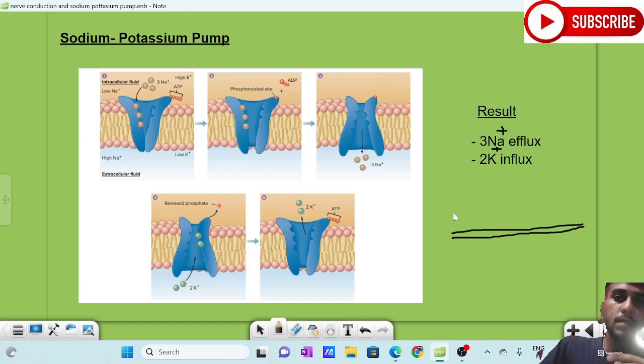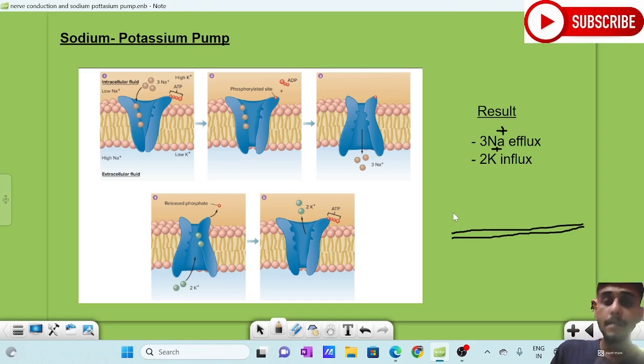Extracellular means outside the plasma membrane, outside the cell, outside the system. There are many ions present in our cell or body, and the ion concentration is different inside the cell and outside the cell. Here we are going to study sodium and potassium, and I will say their concentration outside and inside.